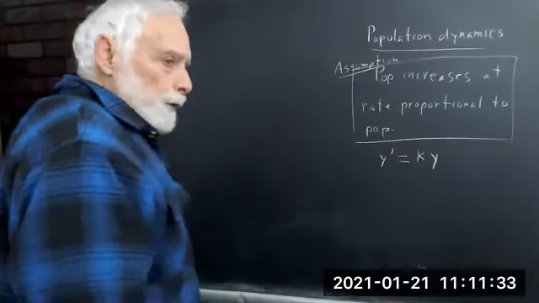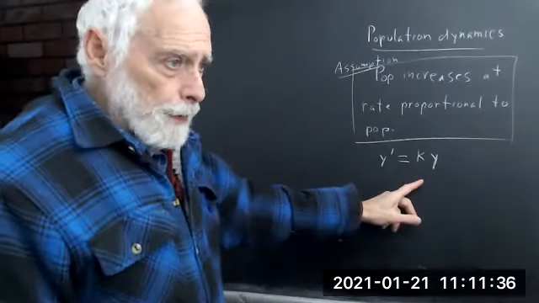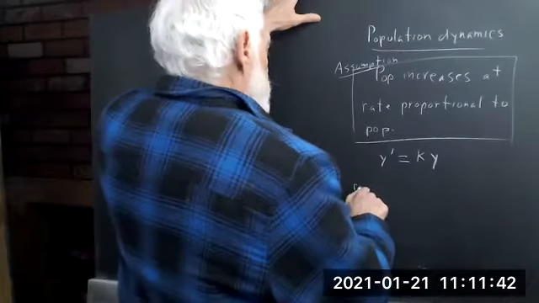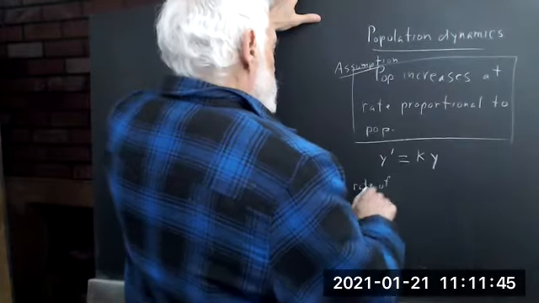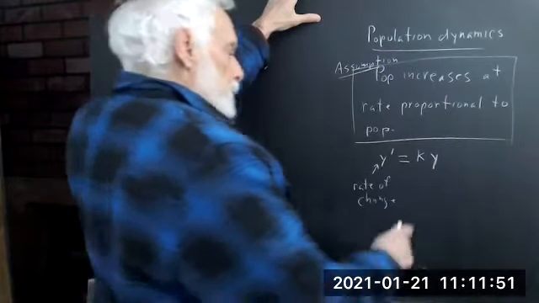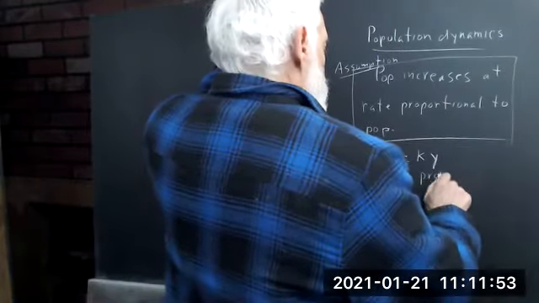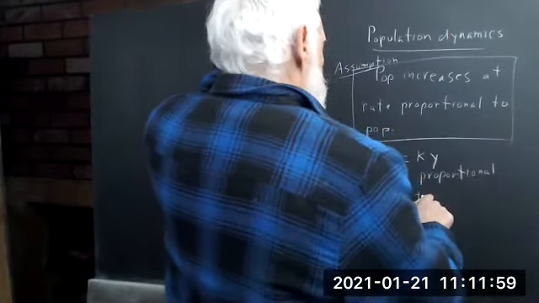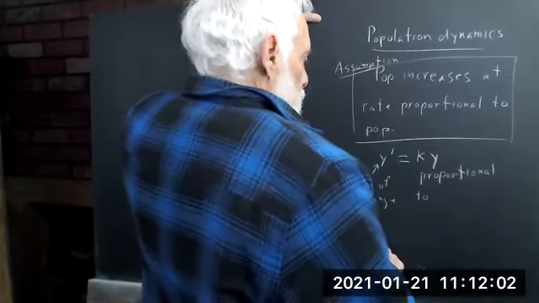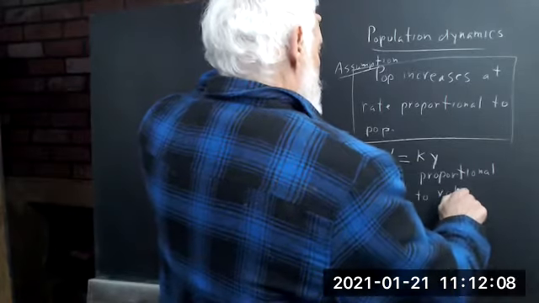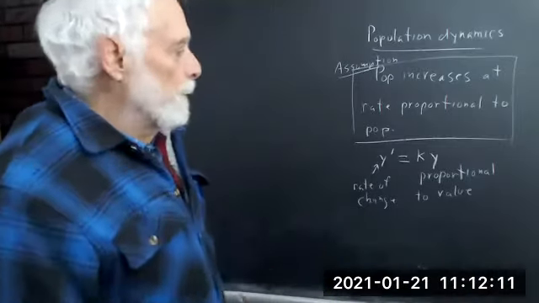Okay, well, it's really easy to solve this equation, but we'll see that shortly. So I'm not going to go through the solution, but there it is. Your rate of change is proportional to the value.